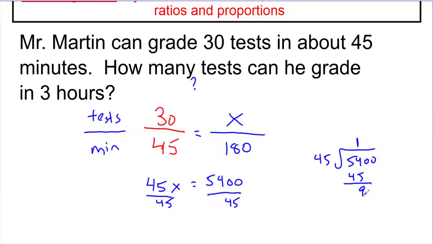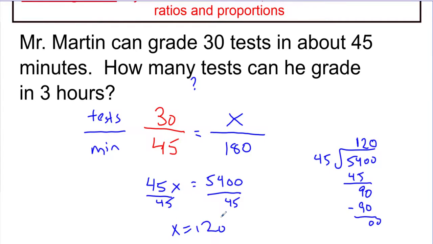Okay, so I'm going to bring down the 0. 45 goes into 90 2 times. 2 times 45 is 90, with nothing left over. And then I can bring down this extra 0 and say 45 goes into 0 0 times. So 5,400 divided by 45 is 120. That means x is 120.